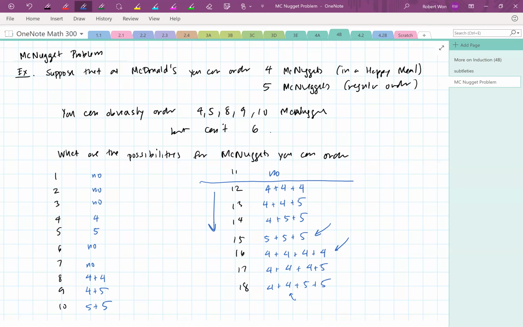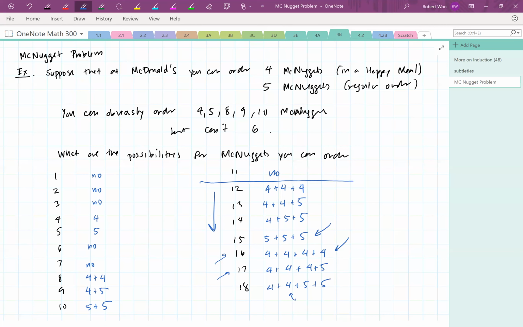And the thing about this is that this has the feeling of an inductive argument. Because if you know that you can get 16, then you can use that information to get 17, as long as you know something about the 4s and the 5s that you've used. So because of this, we can prove this by induction. And I think it would be hard to prove this rigorously any other way.